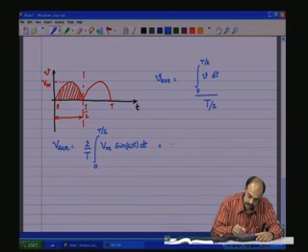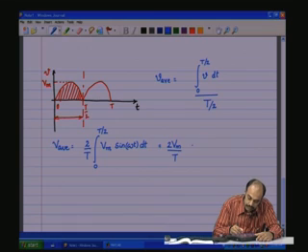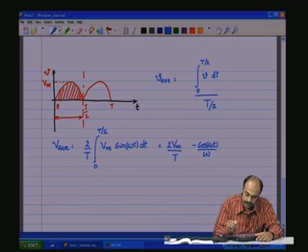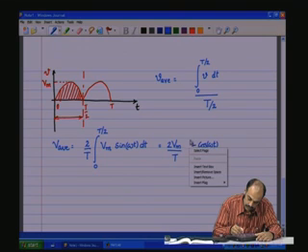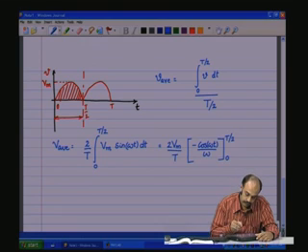which is equal to 2 Vm by T. Integral of sine omega t is minus cos omega t by omega, and that has to be evaluated at T by 2 and 0.